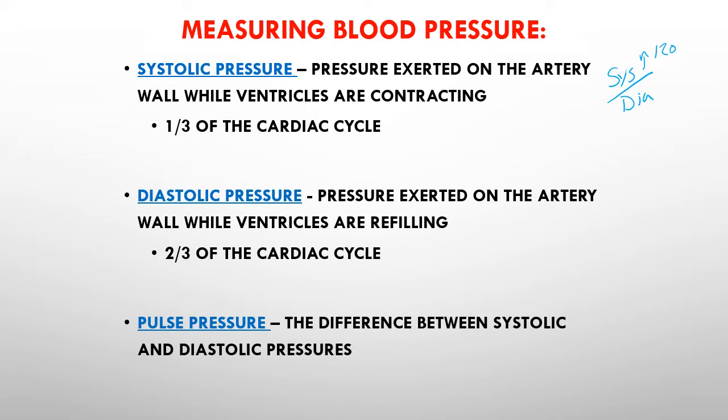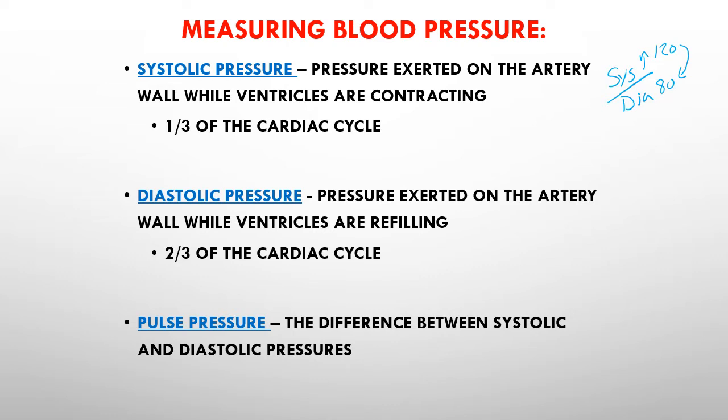This happens during essentially only a third of the entire cardiac cycle, so it doesn't happen for very long. It's a relatively short period of time because from that point on, the pressure is always going to be falling. Our diastolic pressure comes in at around 80. This is as those ventricles are now, in a sense, empty, even though they're never truly empty.